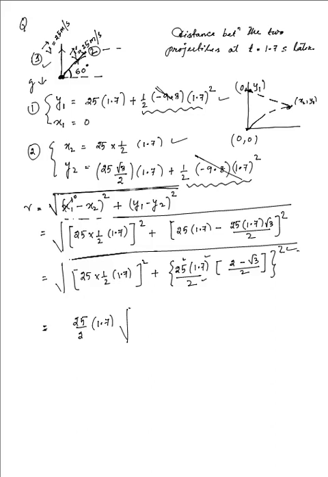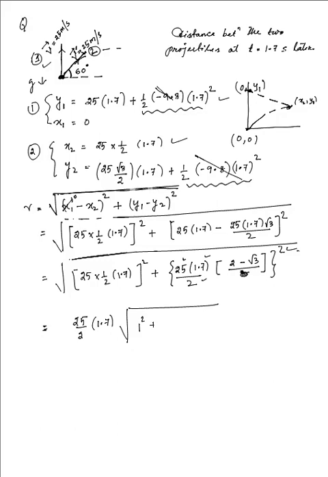And under the root, what do we have? We have 1 squared, obviously, plus this term. Now the 2 has gone outside, so you just have 2 minus root 3 squared.